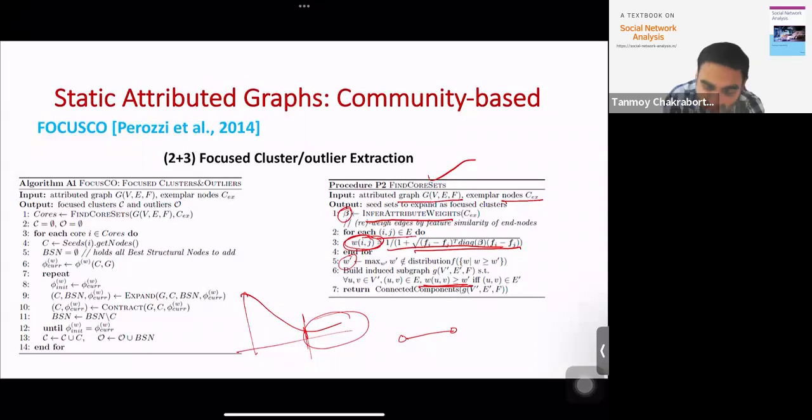Then you create another induced subgraph, V dash, E dash, F, where you only keep those edges whose weights are greater than W dash. So some nodes will be removed, some edges will be removed. Clear? Okay. So you get a graph, you get a connected component, and this connected component is something that we call a core set.